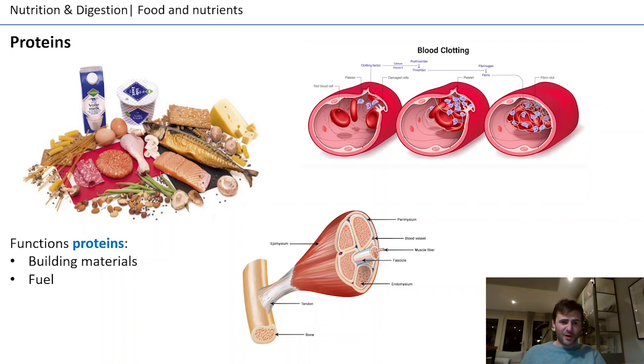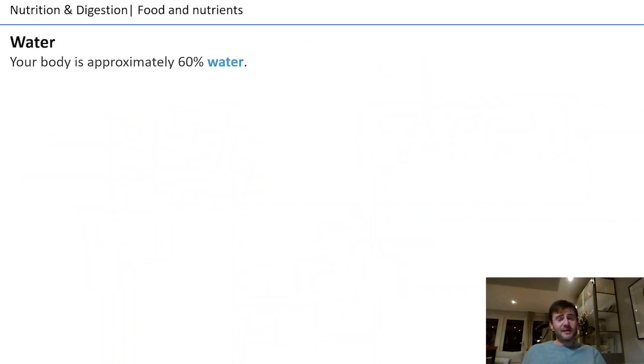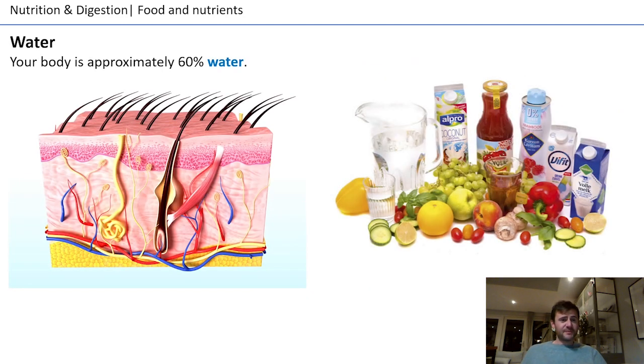And then finally, water. Your body is approximately 60% water, so it is a very important building material. But it also has other functions. Here you can see the skin, and you need water to sweat, which helps cool your body down.